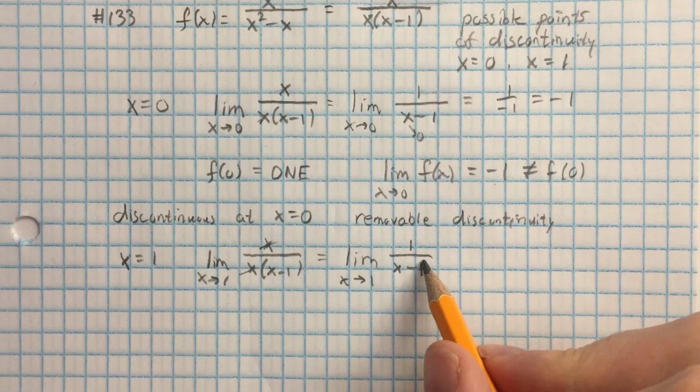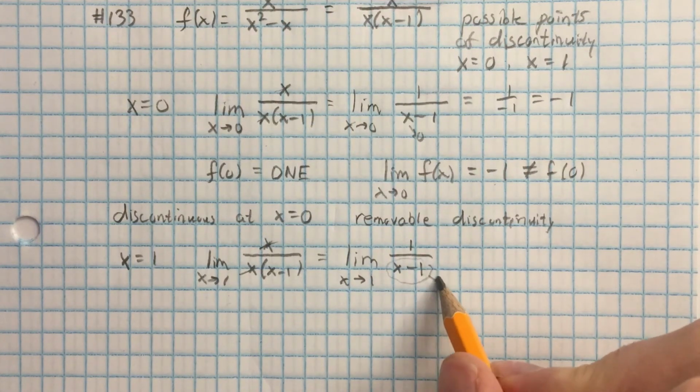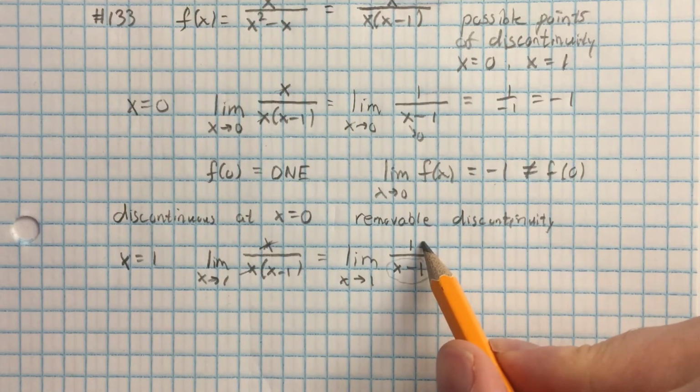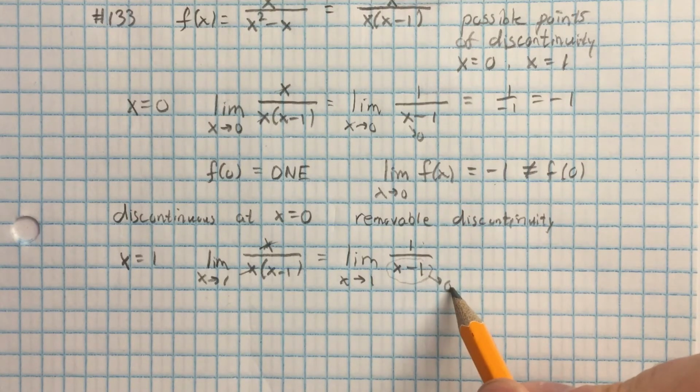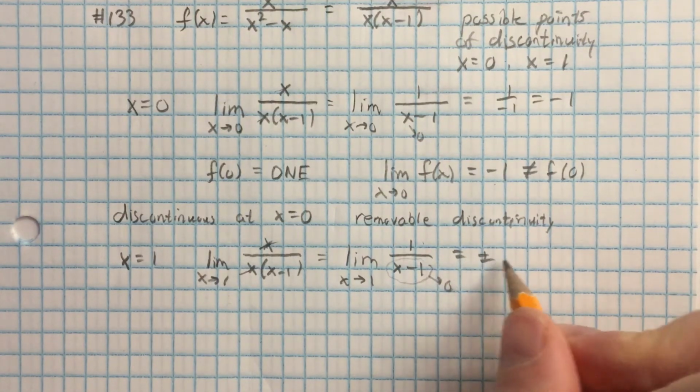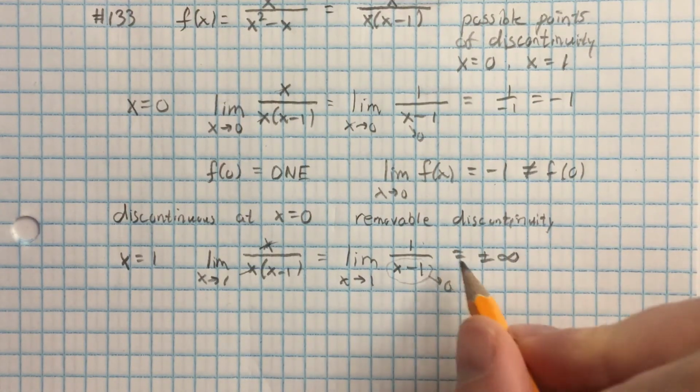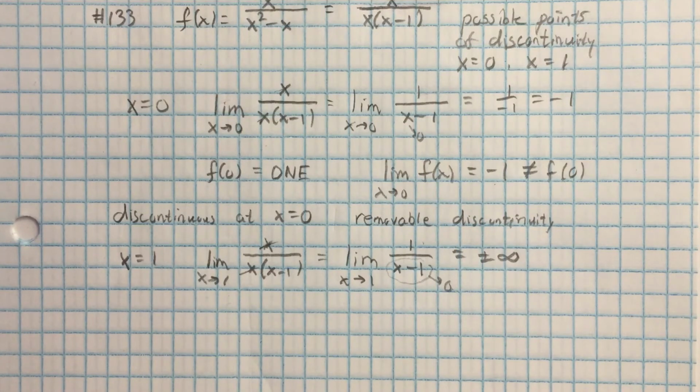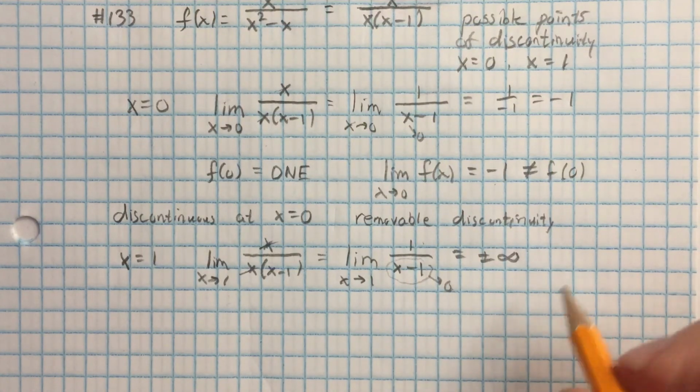But that means the bottom is heading towards 0, and we know that a finite value over 0 is going to be does not exist, but a particular type of does not exist is going to be some type of infinity. I don't want to go through which infinity it is right now. It's going to be different on each side, whether I approach from left or from right, and that's not really important for the discussion. The main point is you have an infinite discontinuity.